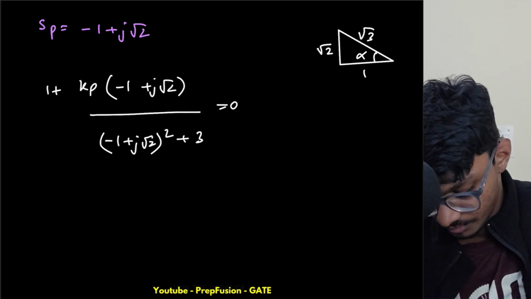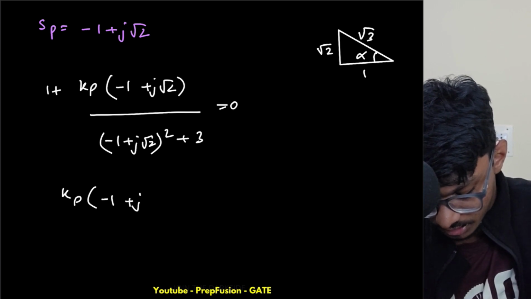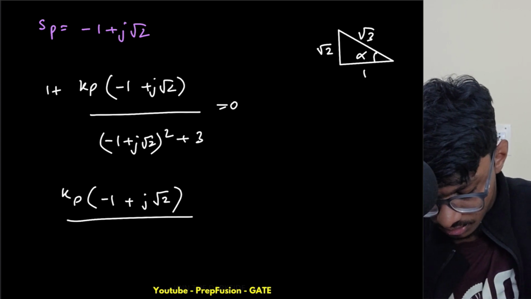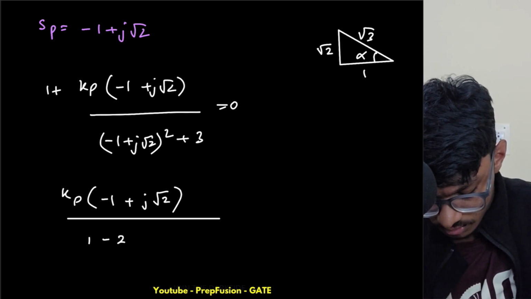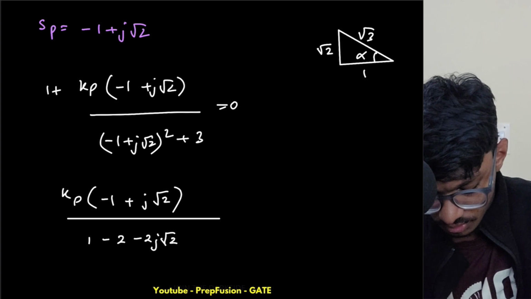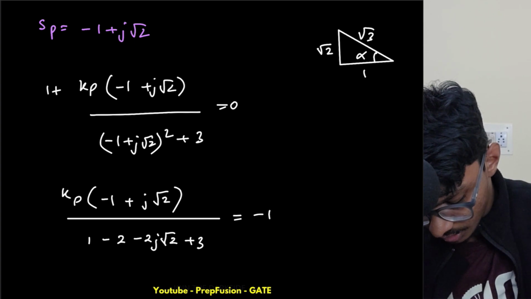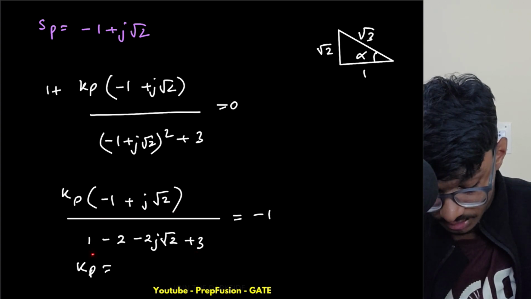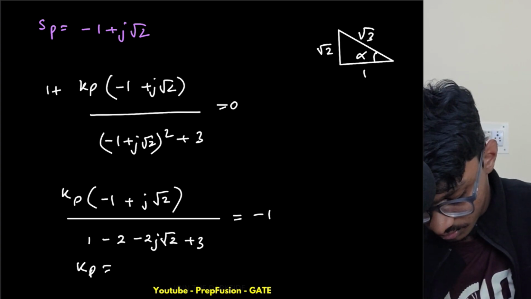Okay, so kp into -1 plus j√2 divided by 1 minus 2 minus j2√2, plus 3 equals to minus 1, and kp will be simply equal to 2 itself.